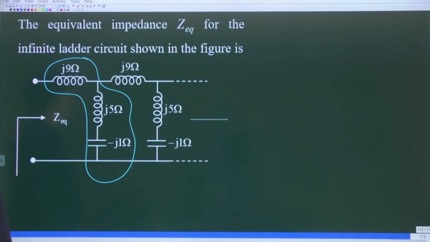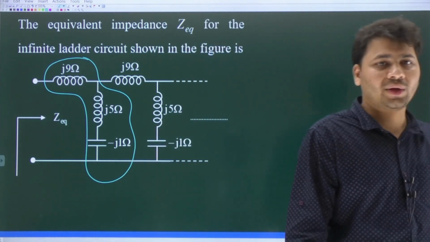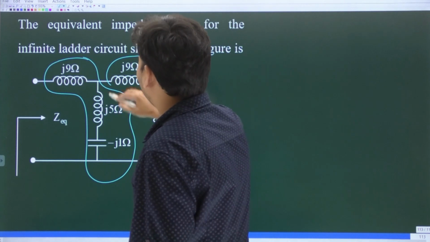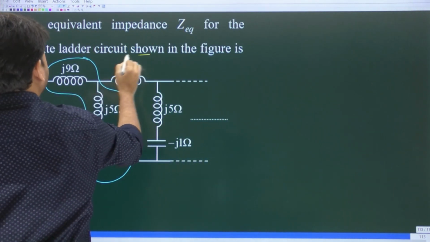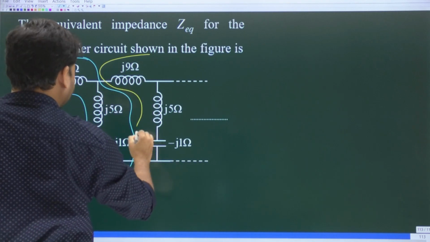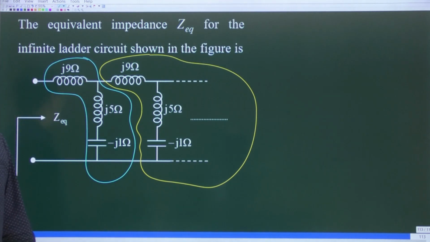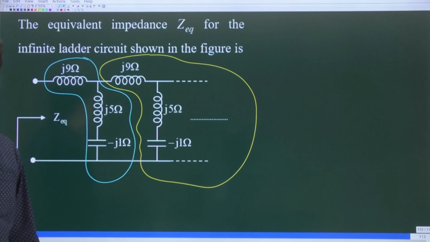And you should find the equivalent impedance. Now if you take out one section from infinite number of sections, still you will be left with infinite sections. That means if you look at the yellow color part of the network, does it not contain infinite number of sections?